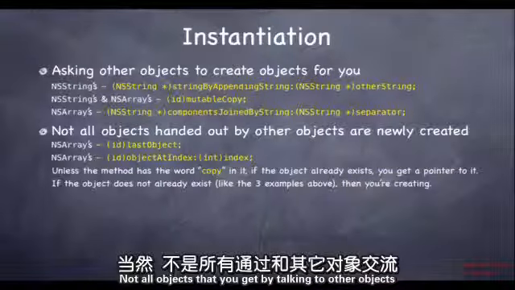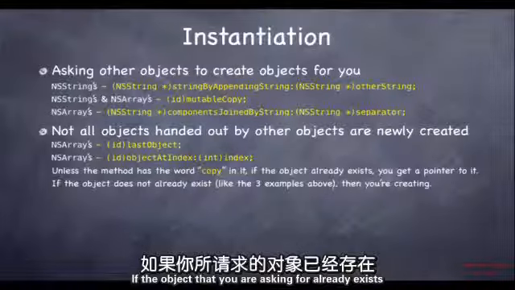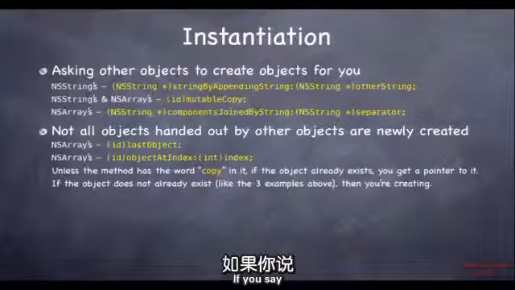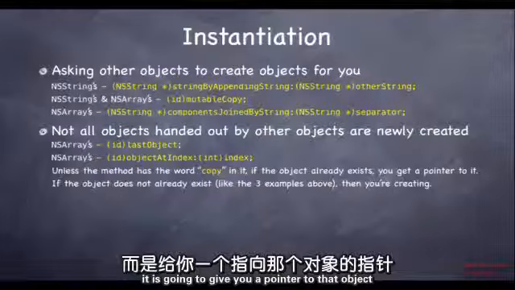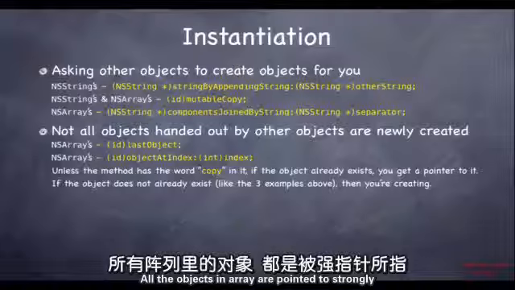Not all objects that you get by talking to other objects are created, of course. If the object you're asking for already exists, it'll just give you a pointer to it. In an array, if you say, give me the last object, it's not going to make another object. It's going to give you a pointer to that object that's in the array. By the way, this is a good time to say, all the objects in an array are pointed to strongly.